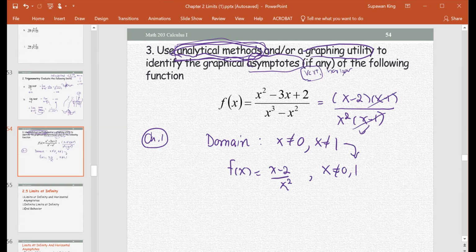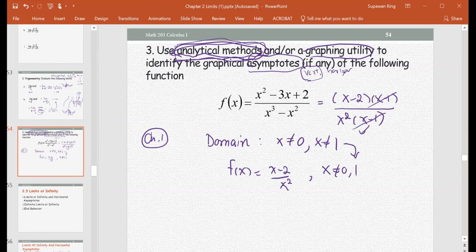The function can be simplified, but we have to think about which numbers we cannot use as input. Section 2.4 is about infinite limits, which give you the vertical asymptote at x equals a. What do you think could be the vertical asymptote for this function?